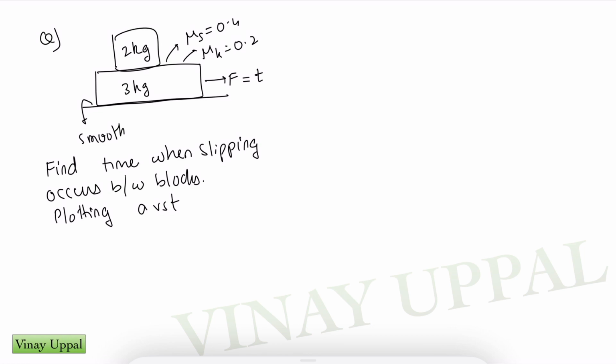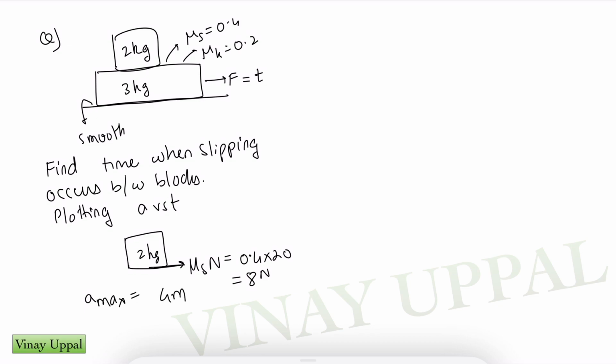Okay, so the top block will have a friction here. What is the maximum possible friction value? Mu s into N. That will be 0.4 into 20. Take g as 10. That will be 8 newtons. So the maximum possible acceleration would be 4 meter per second squared. Till then they'll be moving together, a system of 5 kg, and the ground is smooth.